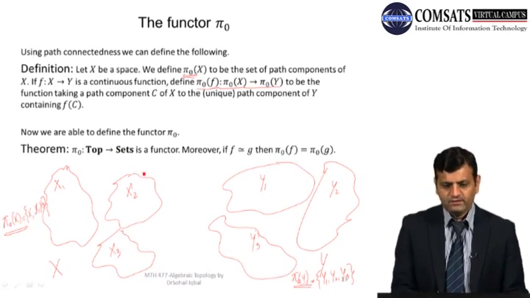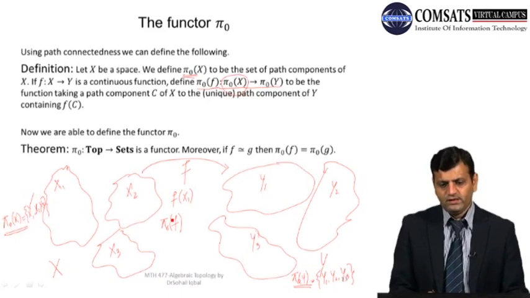So this is pi naught of X and this is pi naught of Y. And if f is a continuous function from X to Y, then we can define what pi naught of f is as well. So what does this pi naught of f do? It takes a path component of X. For example, it takes X1 and takes its image, f of X1.